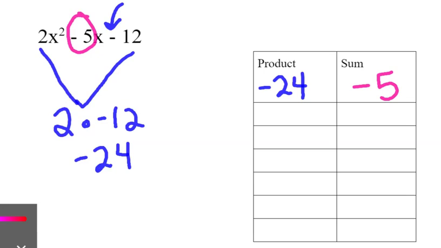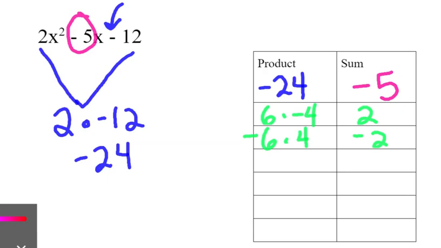So the first thing that comes to my mind for 24 is 6 times -4 or -6 times +4. Now let's see if that gives me the right sum. If I add them together, here I get +2 and here I get -2. So that's no good. Let's move on to a different pair.